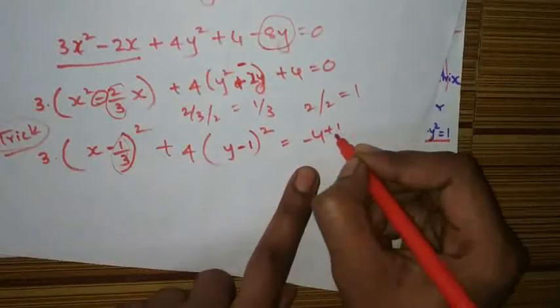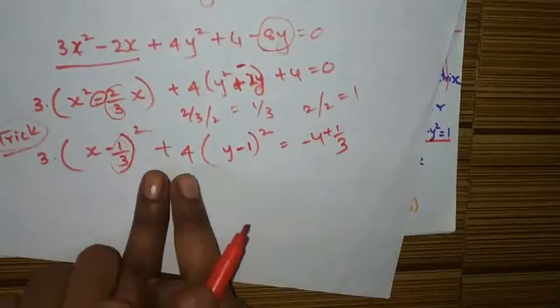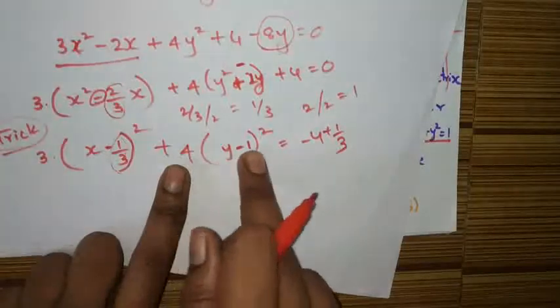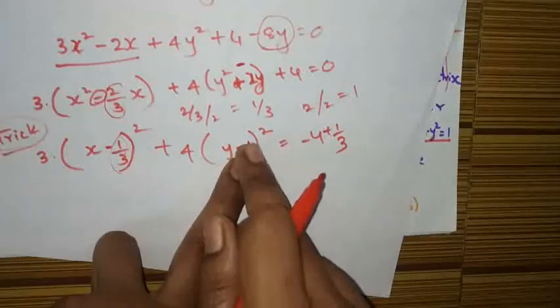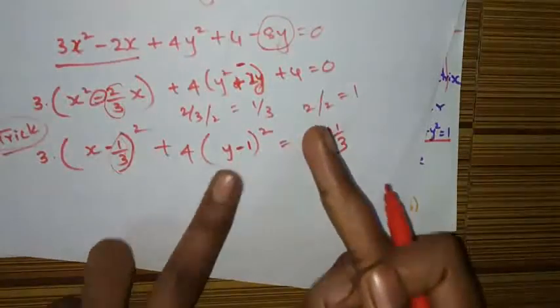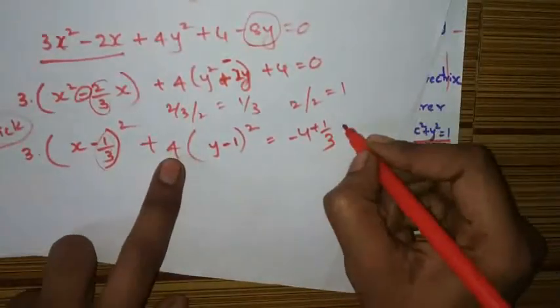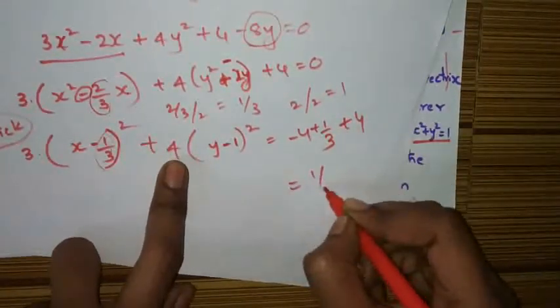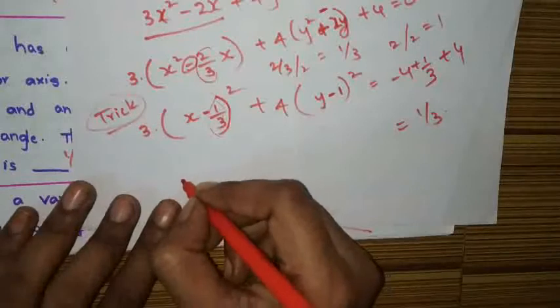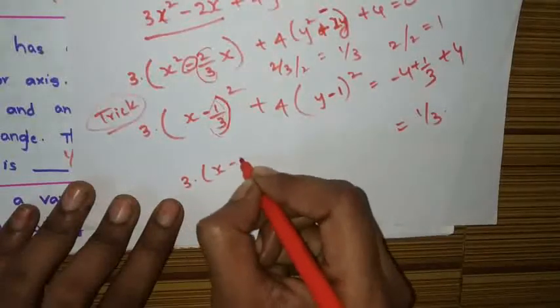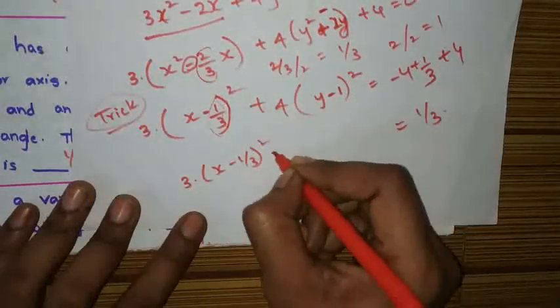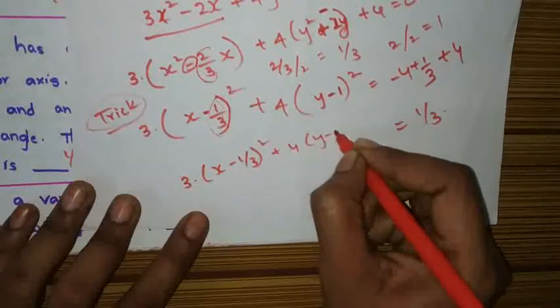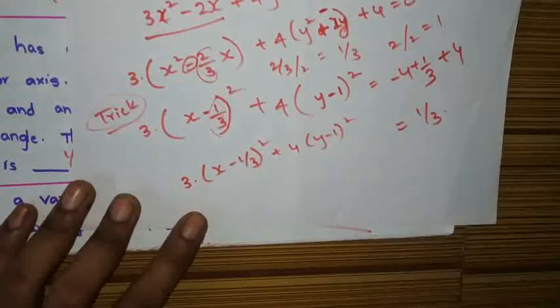Add here. And here also 1 is there. Square it, 1. 1 into 4, 4. Add here. You will get 1 by 3. Okay. So 3 into x minus 1 by 3 whole square plus 4 into y minus 1 whole square is equal to 1 by 3.